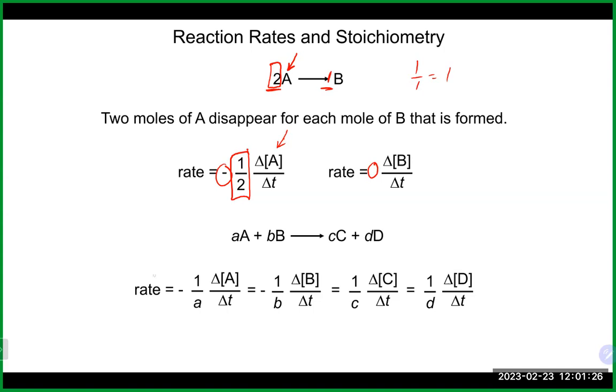Now, once again, when you do this, this number here should end up being a positive number. And again, you want to make sure you do, like we talked about, final minus initial, because that will give you that negative value.